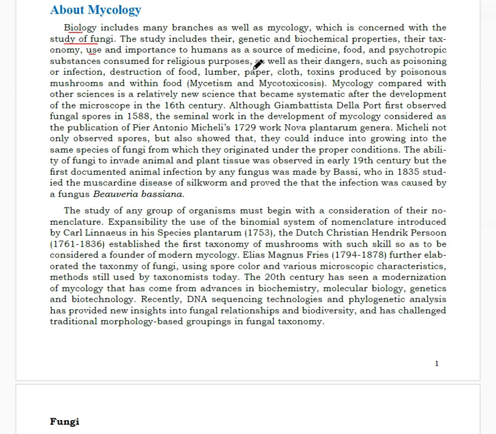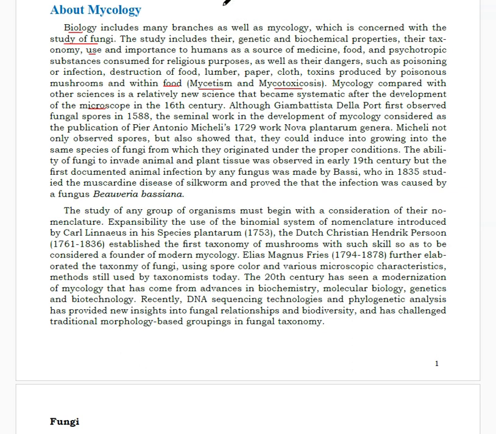They are also consumed for religious purposes, and they can be dangerous as well, such as through poisoning or infection, destruction of food, lumber, paper, cloth, toxins produced by poisonous mushrooms, and within food, mycetism and mycotoxicosis. Compared with other sciences, it is a relatively new science that became systematic after the development of the microscope. I'm not going into much detail about this.